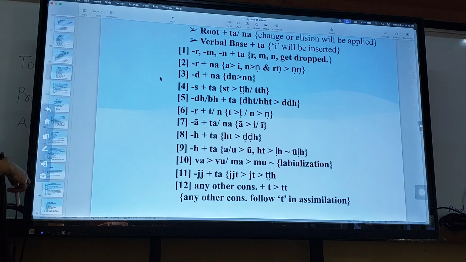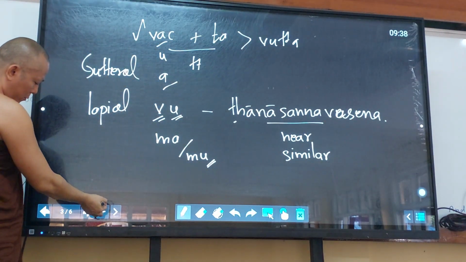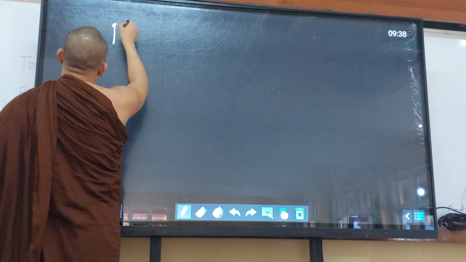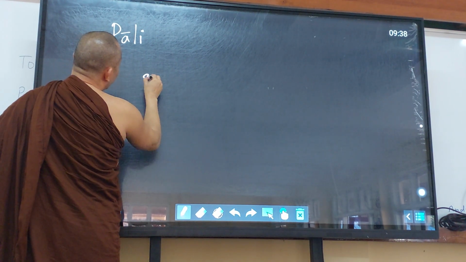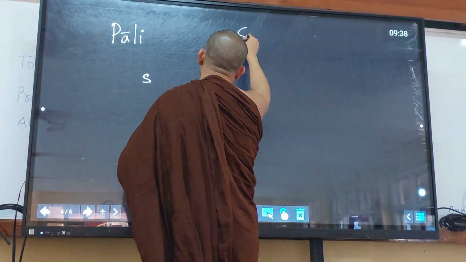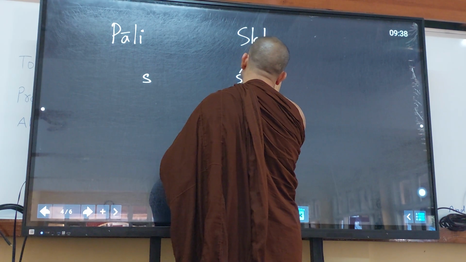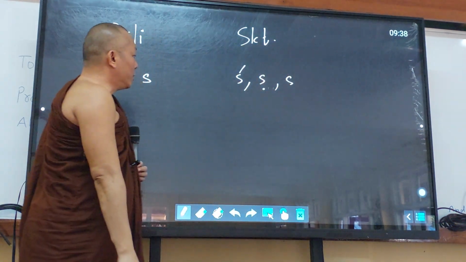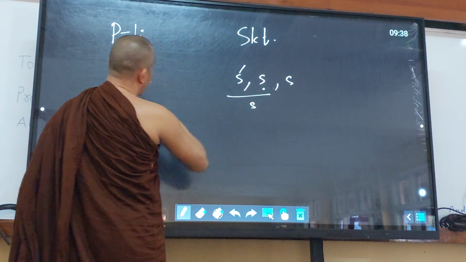So in Pali only sa sound. Pali is only one sa. But in Sanskrit, Sha and the Sa, Sha also and the Sa. So in this way, but these, as a single one, appear as a Sa in Pali.